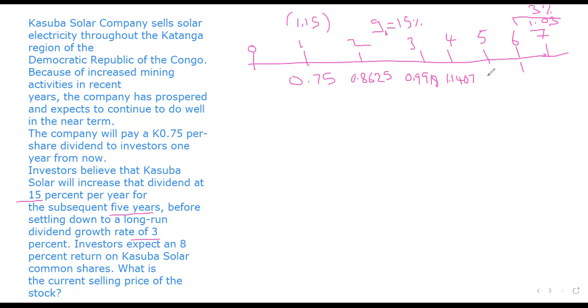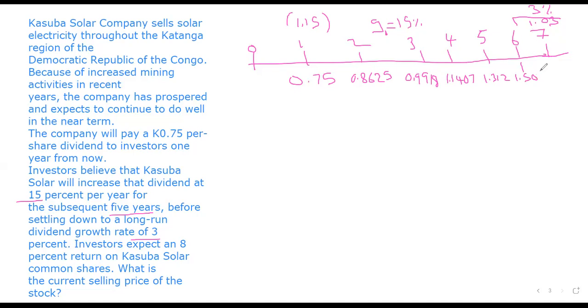And next? 1.3117. Next? 1.5085. Is it not supposed to be multiplied by 1.03?